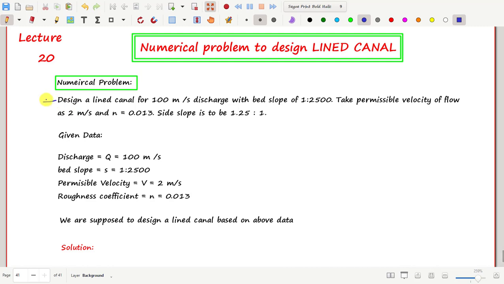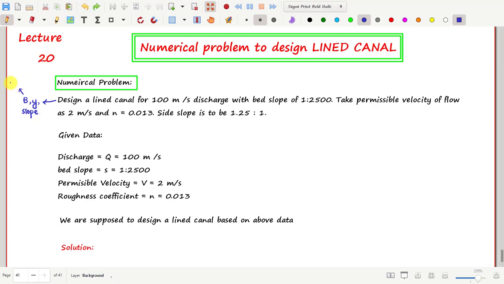Design means we need to find out the width of the canal, depth of the canal, and slope of the canal. Got it? So slope, I think it's already given, but we need to find out b and y, width and depth. This is what design means, right?